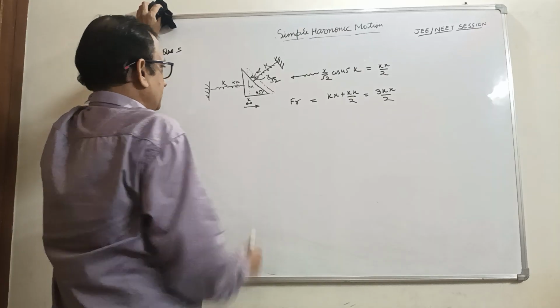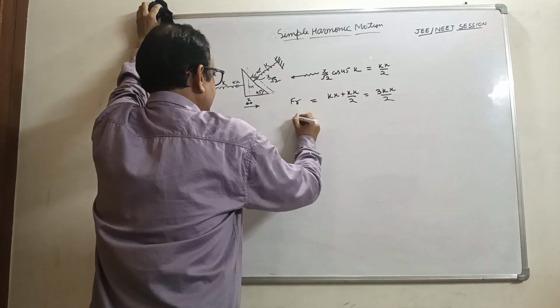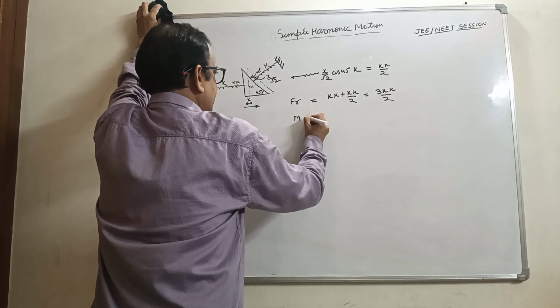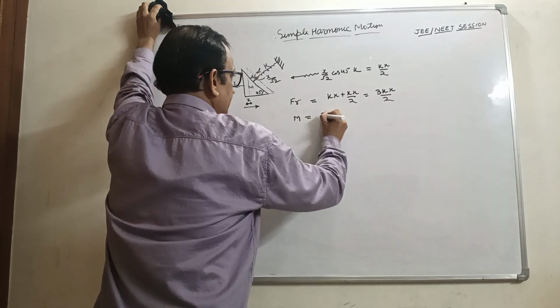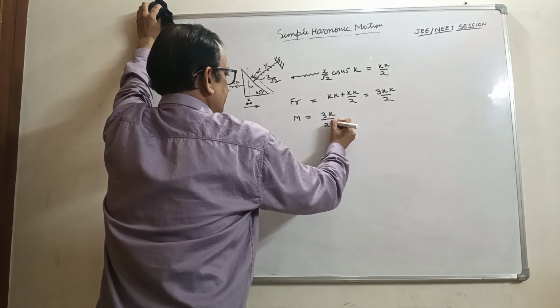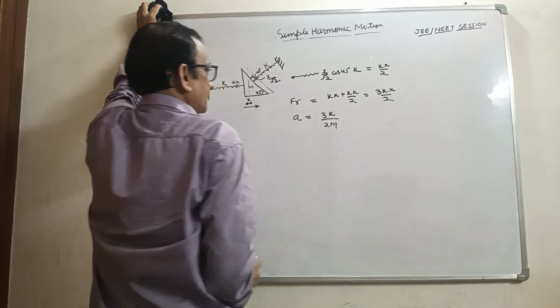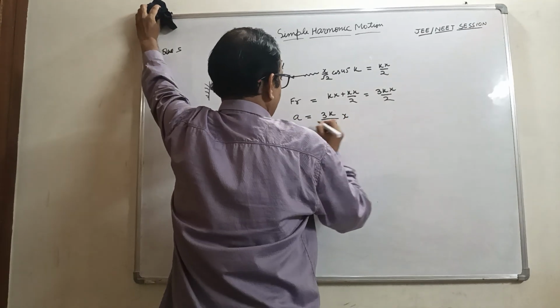So the mass is m here, so we can write m into a. So a is 3k by 2m times x.